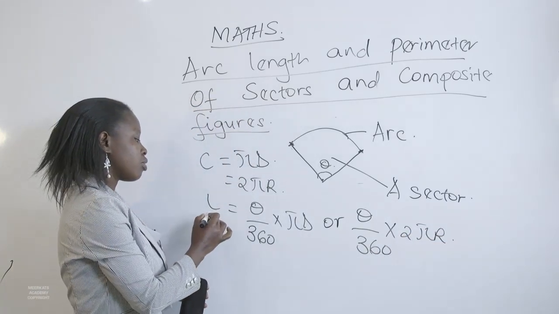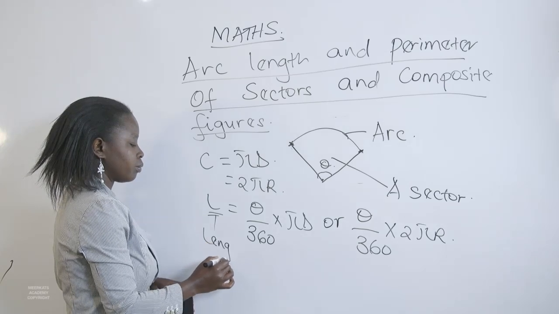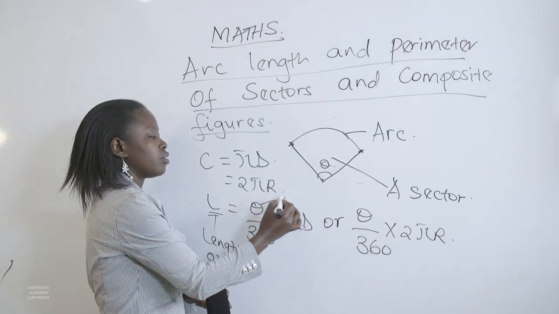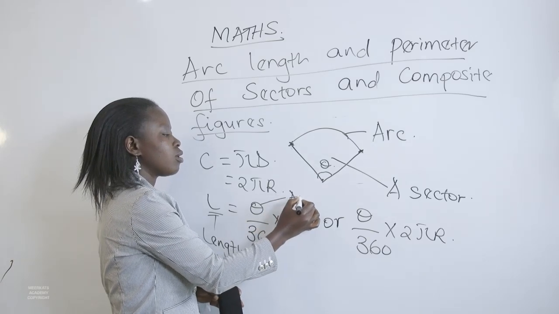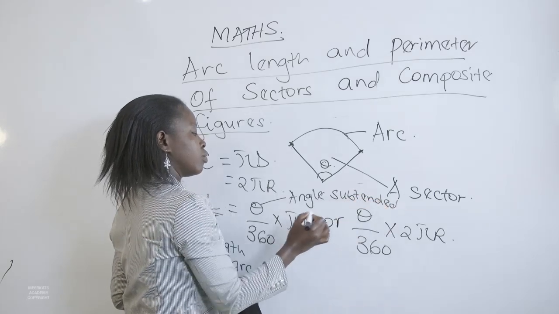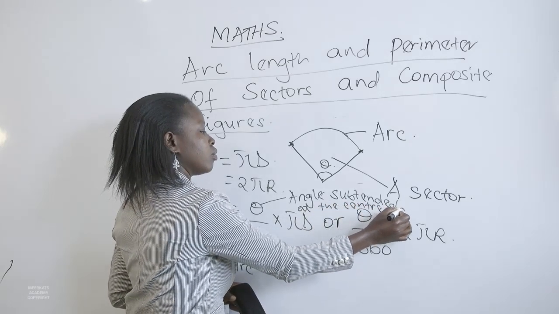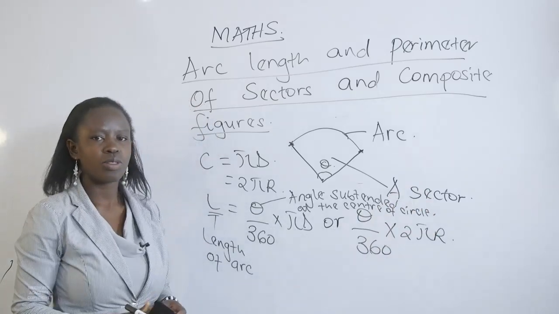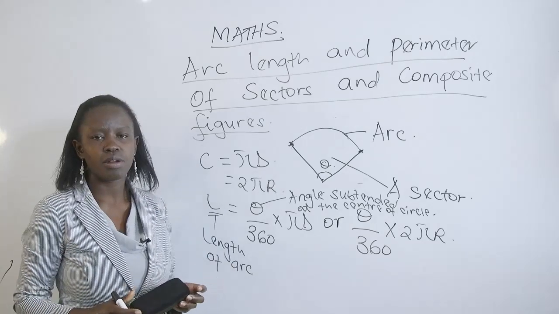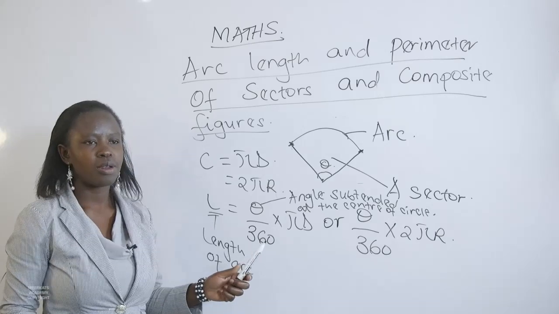So this is what we are talking about, where L represents the length of the arc, and theta represents the angle subtended at the center of the circle.